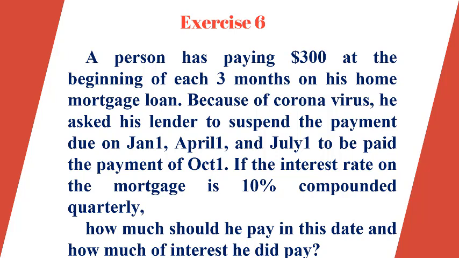If the interest rate on the mortgage is 10% compounded quarterly, how much should he pay on this date, and how much interest did he pay?